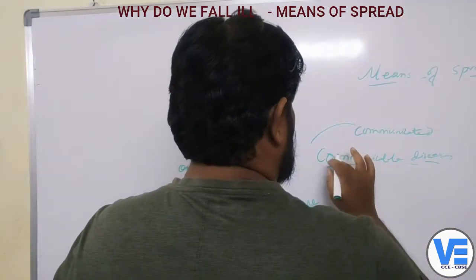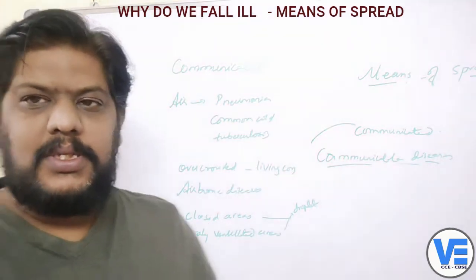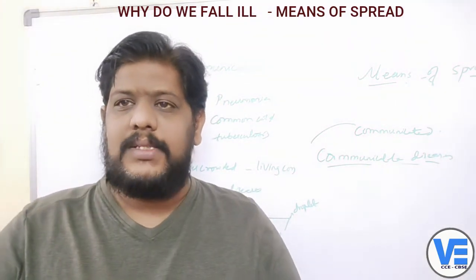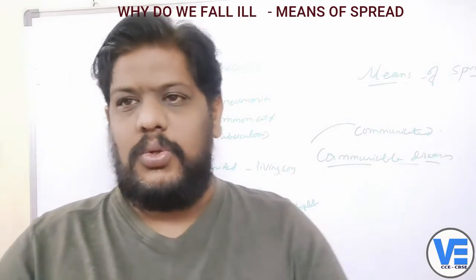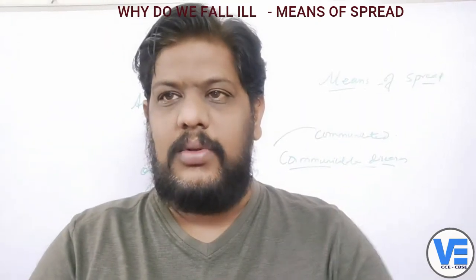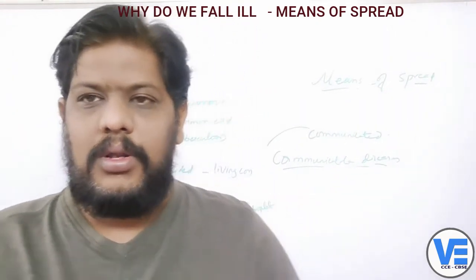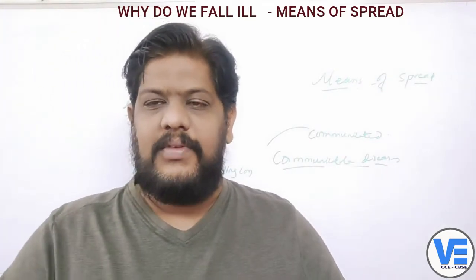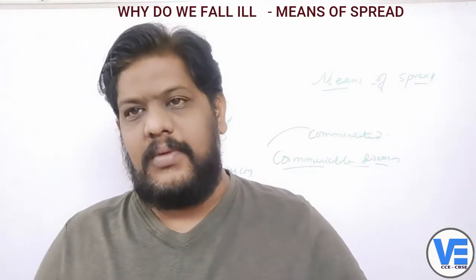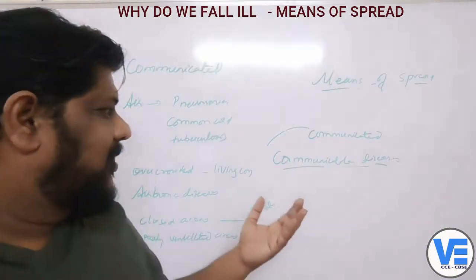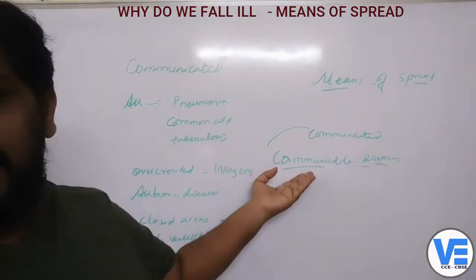So the diseases which usually spread from one person to the other person are basically called communicable diseases. So all these kinds of diseases, they will communicate, or you can say they will transfer from one person to the other person. So it's a very easy job for them. So such kinds of diseases are called communicable diseases.